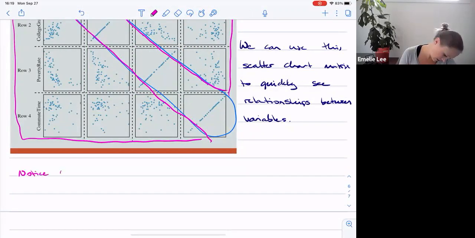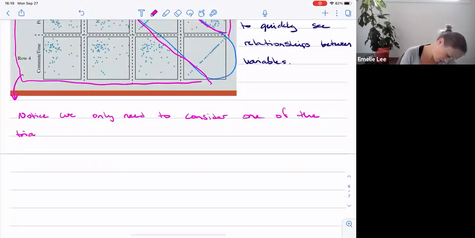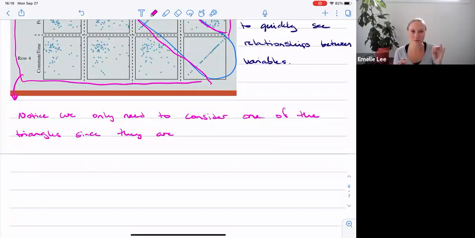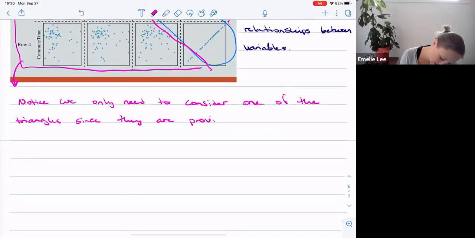Notice we only need to consider one of the triangles, since they are graphing the same information. They're not the same because they've been transformed a little bit, X and Y axis, but since they are providing the same information.